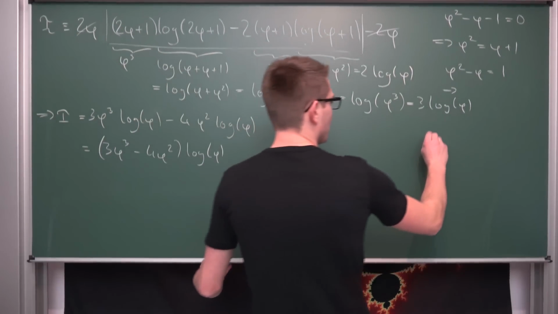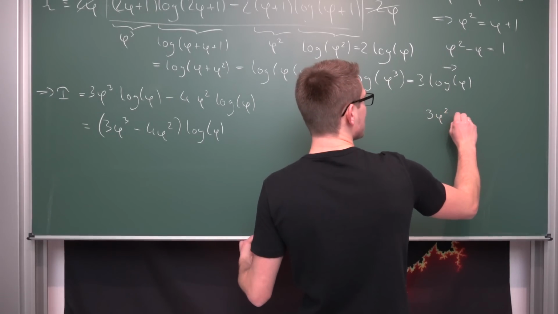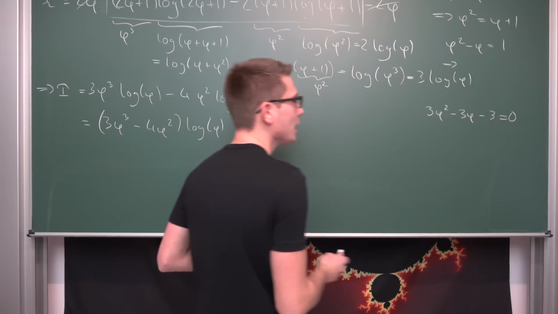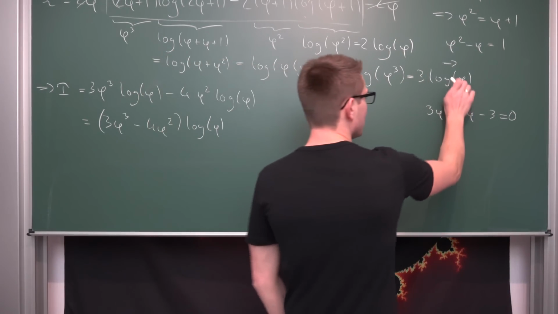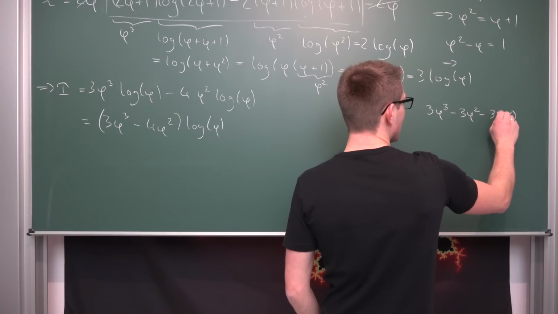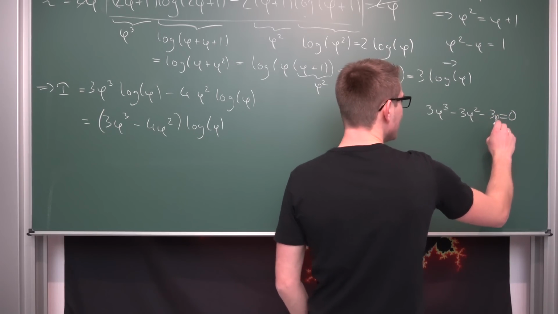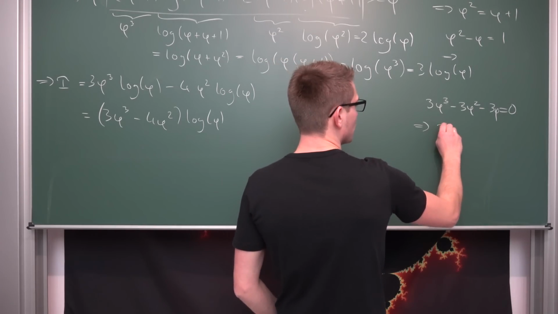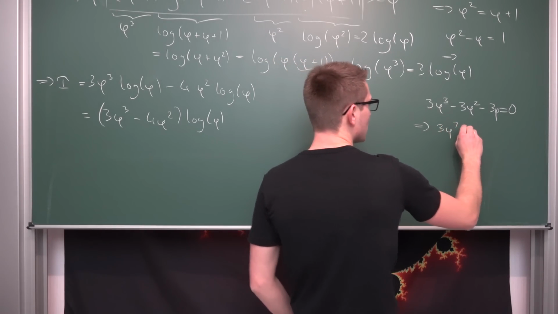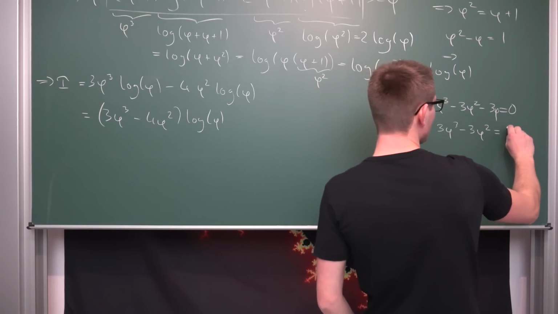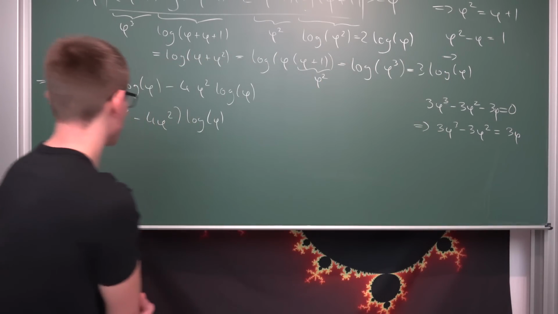So if we have 3 times φ squared minus 3 times φ minus 3, that's still equal to 0. Now we can multiply both sides by φ, leaving us with 3 times φ to the third power, then a φ squared here and a φ here. Then we can add 3φ on both sides, leaving us with 3φ to the third power minus 3φ squared is equal to 3φ. Oh, that's a bunch of things.